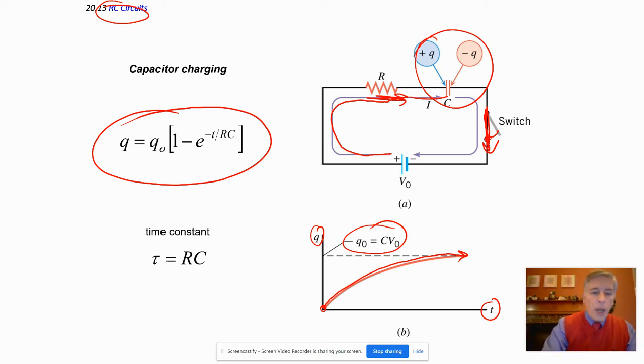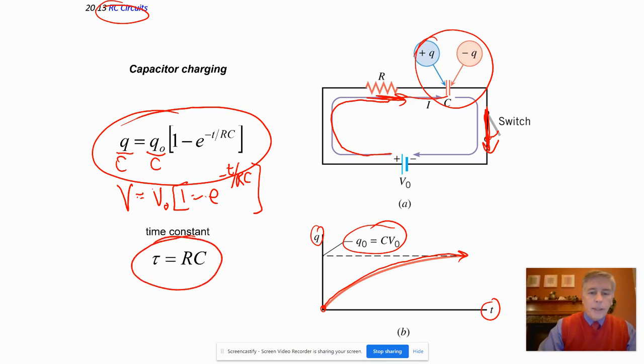Since you know that Q over C is also equal to voltage, you can say that voltage equals the original voltage times 1 minus e to the negative t over RC. This RC is sometimes referred to as the time constant. So sometimes you'll see this equation written as V0 times the quantity of 1 minus e to the negative t over tau, where tau is this time constant.